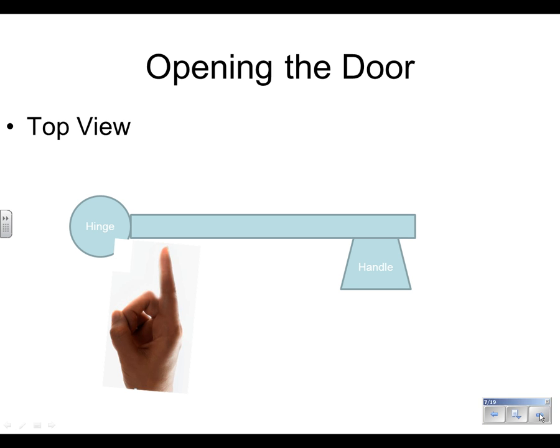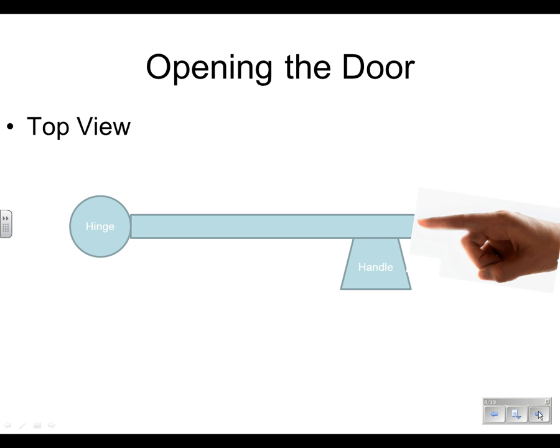But in this case, no matter how hard you push, you won't cause any change in its rotational motion. So there has to be something about the force that we apply, because hopefully we remember, forces cause acceleration, but it also has to do with the location of where you apply that force. And that's what we're going to get into today.